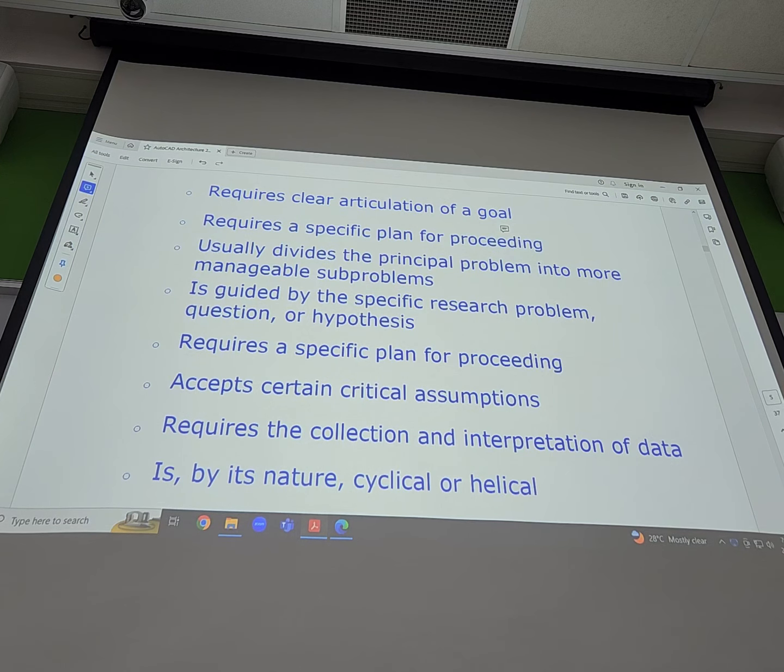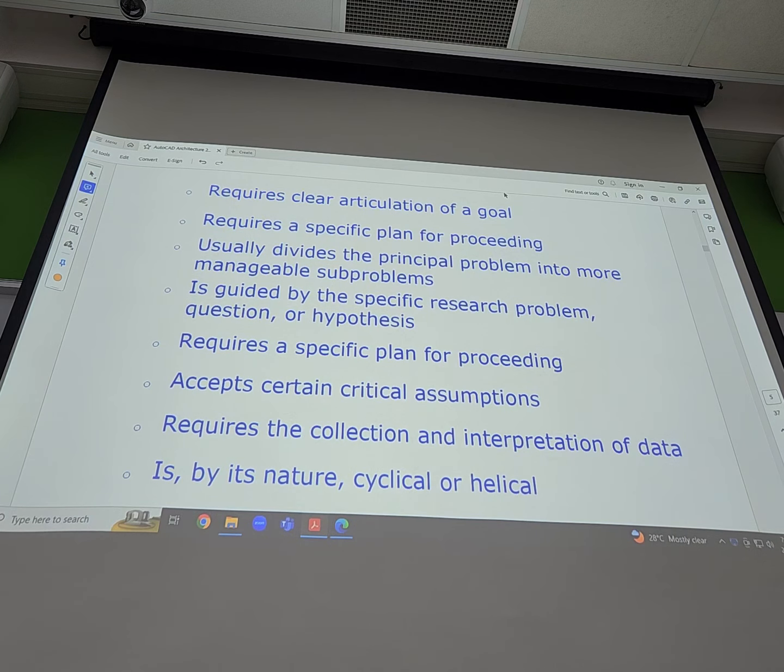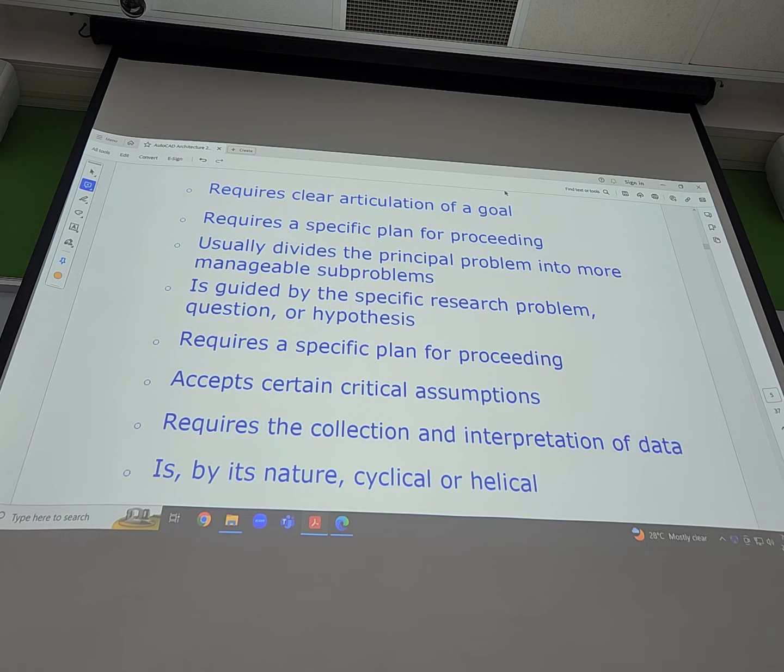You need to assume that it is a systematic flow. So some assumptions are required in solving the problem. You need to state those assumptions, and also any problem requires collection of data, and of course analysis and interpretation of the data.